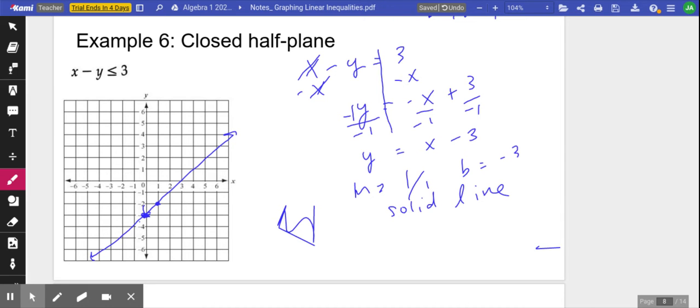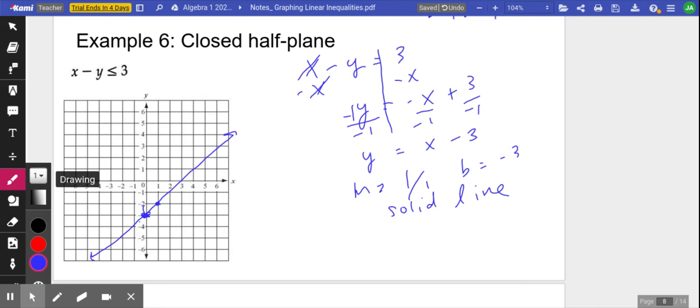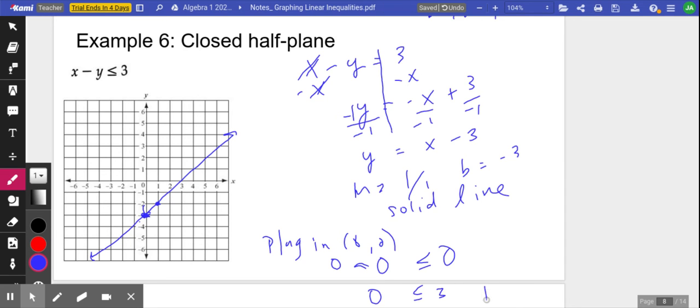And then since the origin is not on this boundary line, I'm going to plug in 0, 0 to the original inequality, and then we get 0 minus 0 is less than or equal to 3. So 0 is less than or equal to 3. That's true. So since it's true, we shade the side that contains the origin.